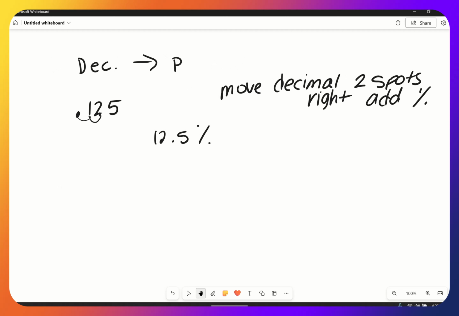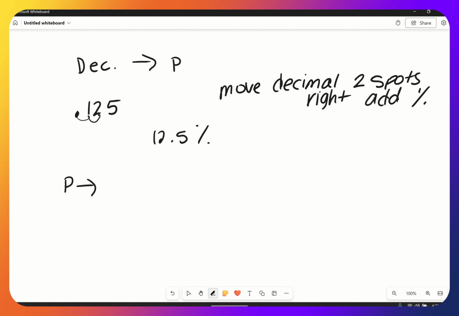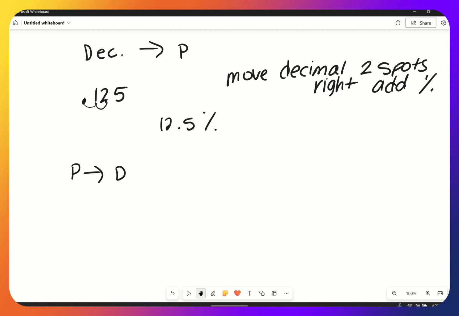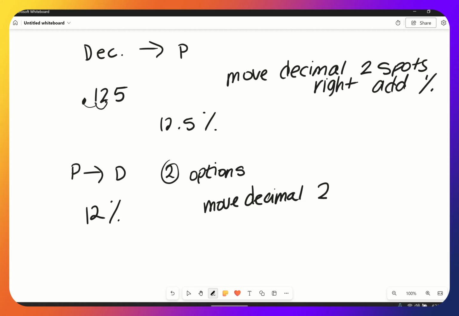To go from percent to decimal, this is where we have the two options. We can go the other direction: 12%, move the decimal 2 spots to the left.